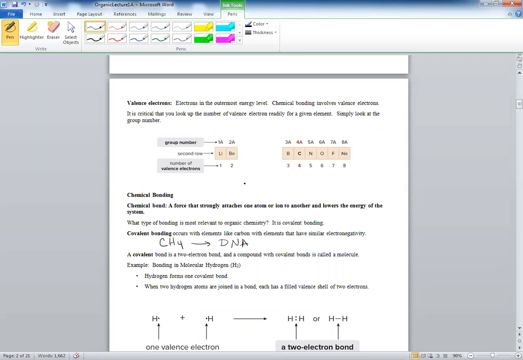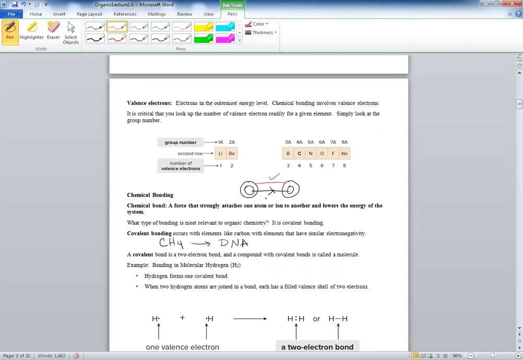So if you have an atom here and another atom there, we're not going to reach for the electrons in the middle to bond, okay? We're going to reach for electrons on the outside, because they repel each other, etc.